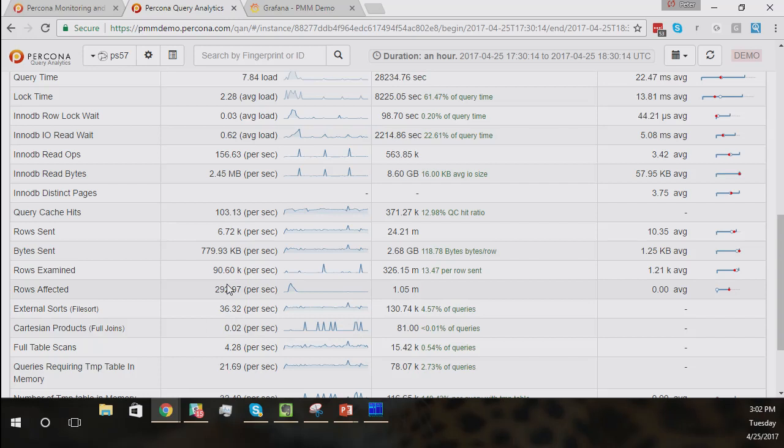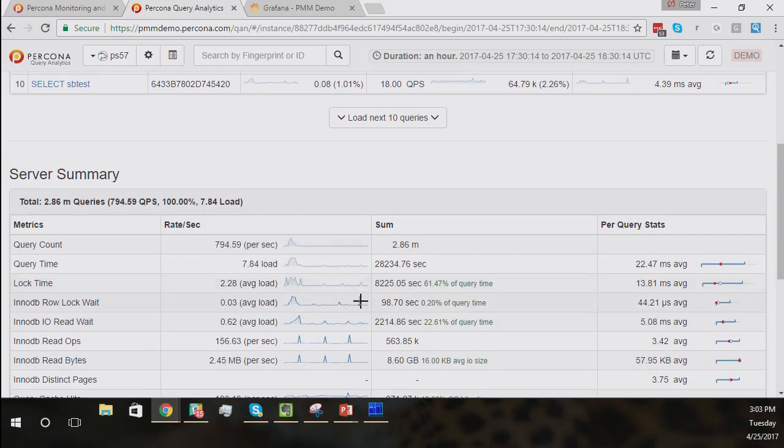Oh, here is also interesting. What I like is you can see how many rows are being examined per second. In this case, it tells us how many rows are being crunched through a second on average. You can see in this case, it's 90K rows a second. That is not a big load. But if you have many millions, it's like, wow, probably there are some badly optimized queries running.